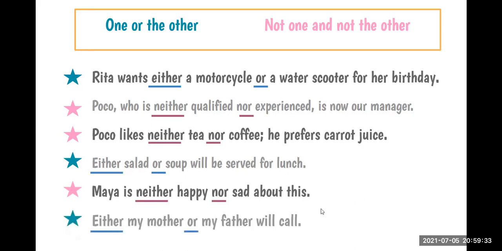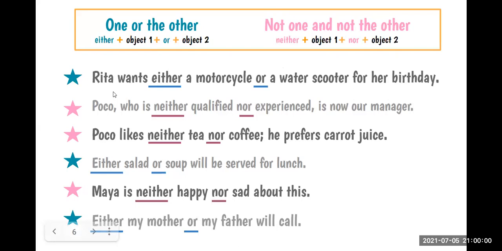Very good. So as you can see, when we use one or the other, we use either/or, with an object or a person, or the option one or the option two. And in the second one, we can use neither, the option one nor the option two, right?